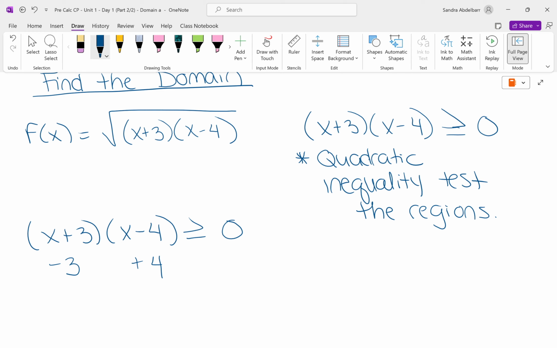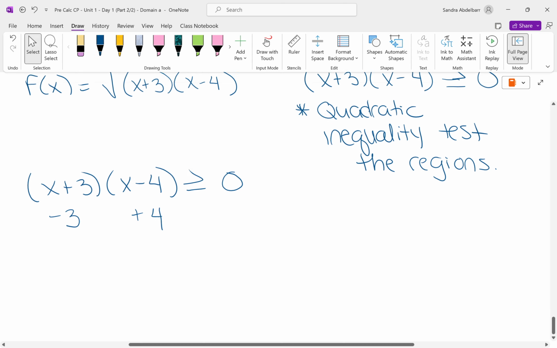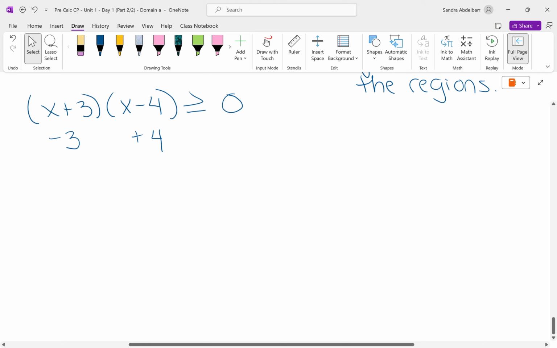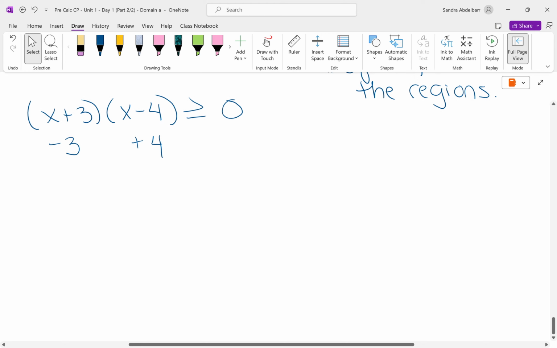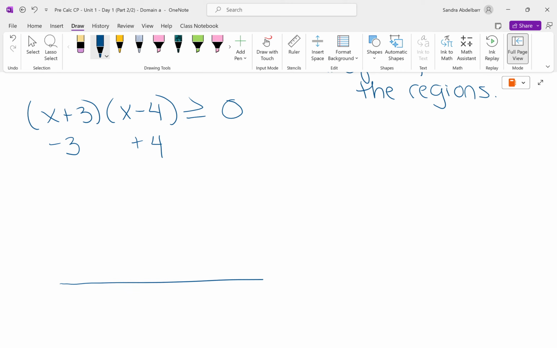Good. Are you okay if I just write my reference numbers, -3 and +4? So now that we know our reference numbers, what do we do? Test the region. Good. When we're testing the regions, we go to our smallest number first.